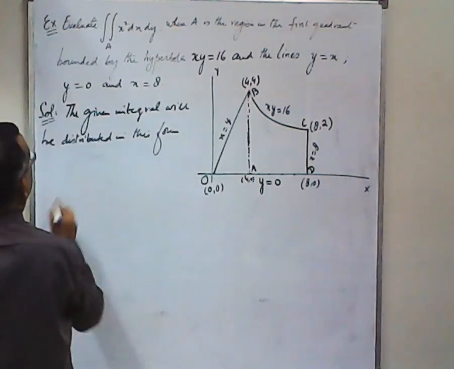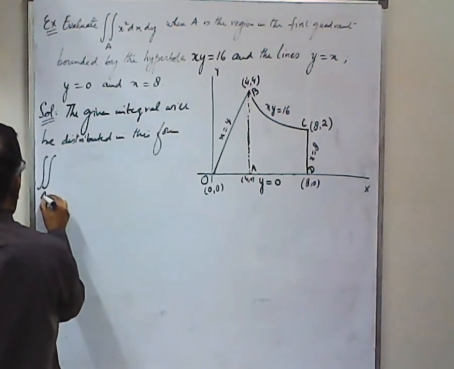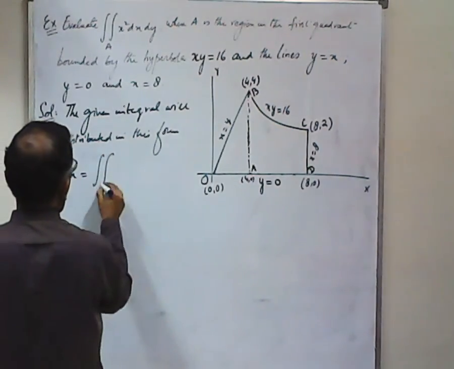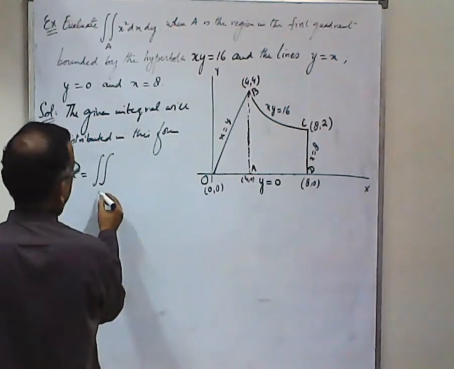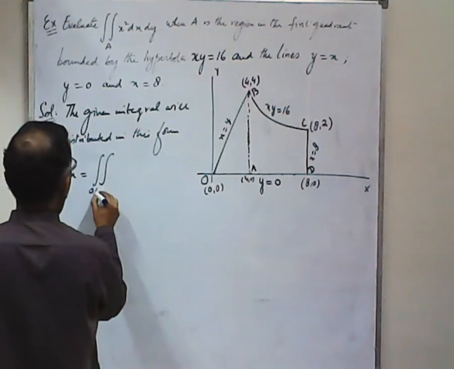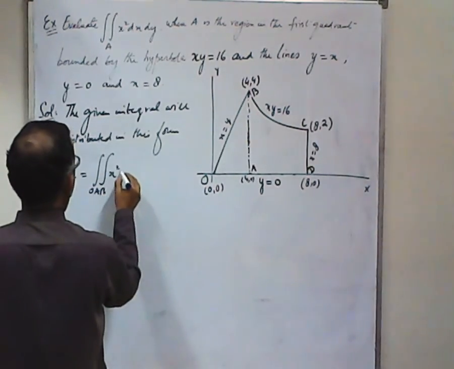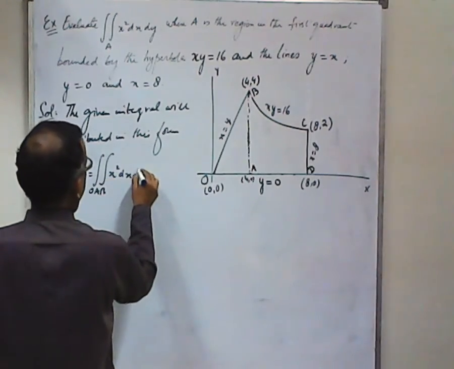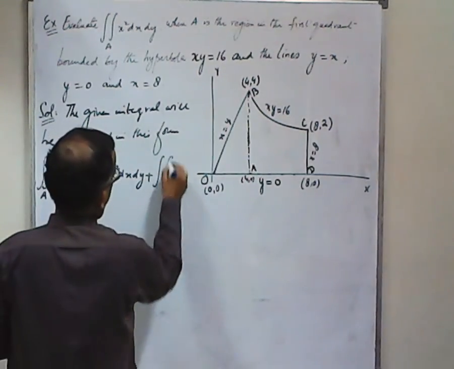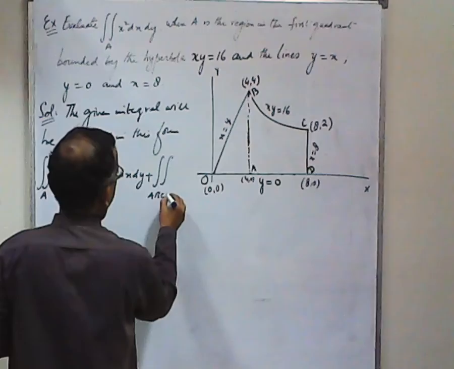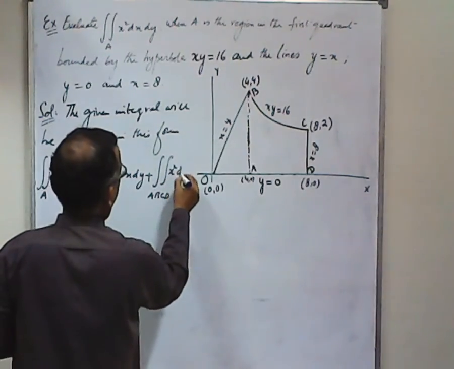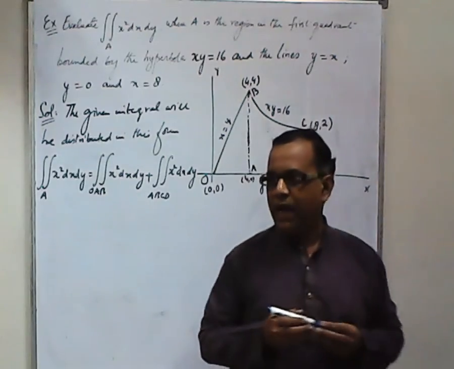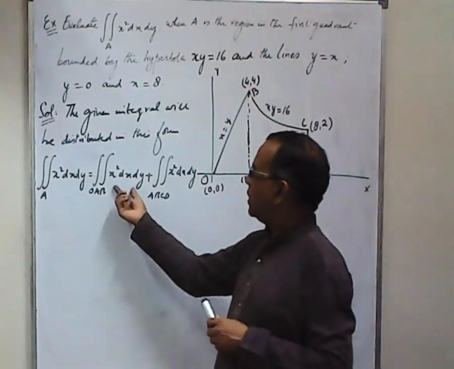What is the form? That integral over A of x square dx will be integral over OAB x square dx dy plus integral over ABCD x square dx dy. I will find separately this one and this one.